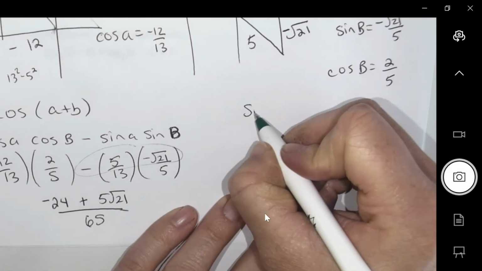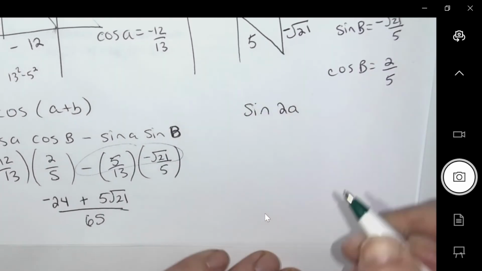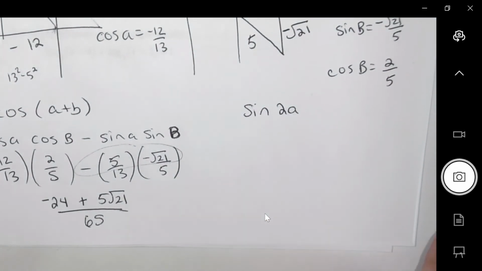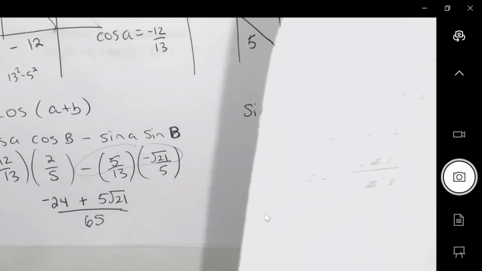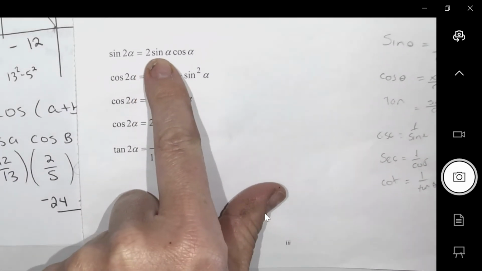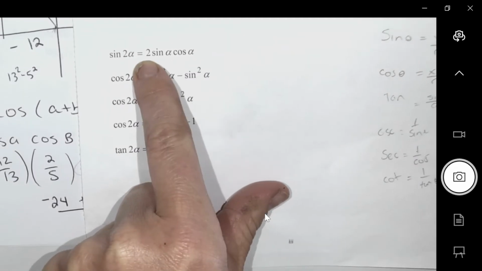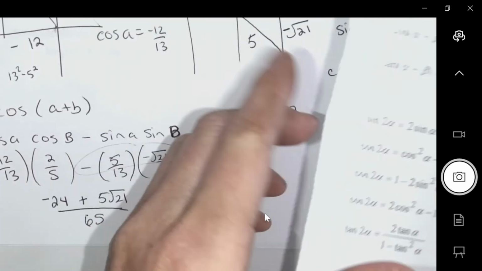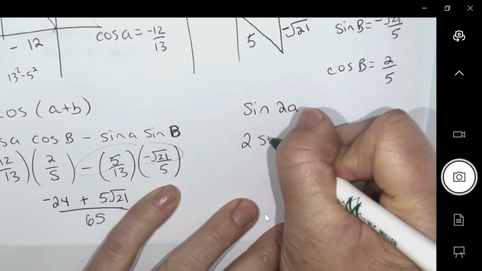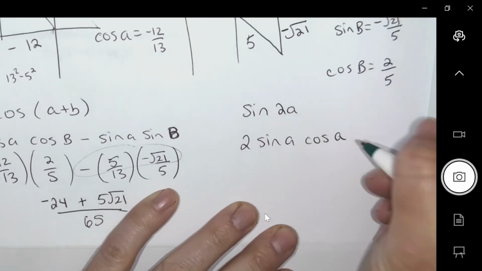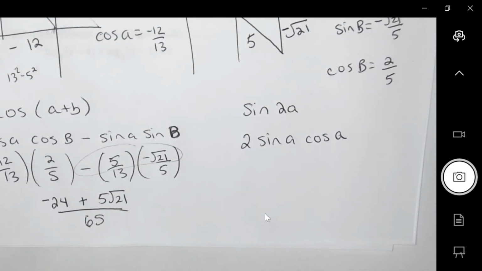So part B says find sine of the double angle. So we're going to go to this one and find a formula. So 2 sine A cos A. So that's the double angle formula.